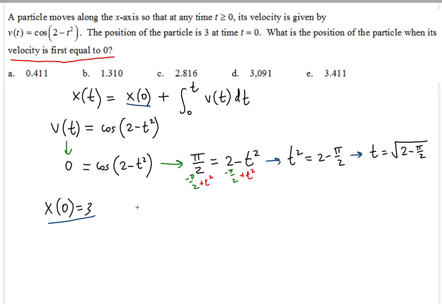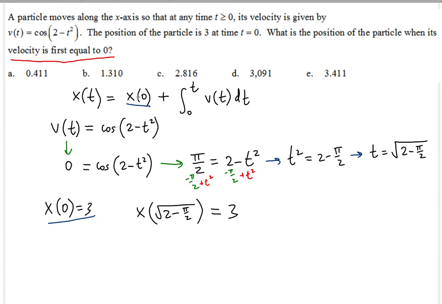So x of square root of 2 minus pi over 2. Why am I plugging this in? This is the t value at which the velocity is first equal to 0, and the question asks for the position at that time. So the initial position is 3.